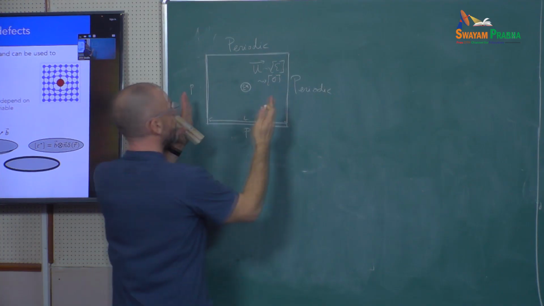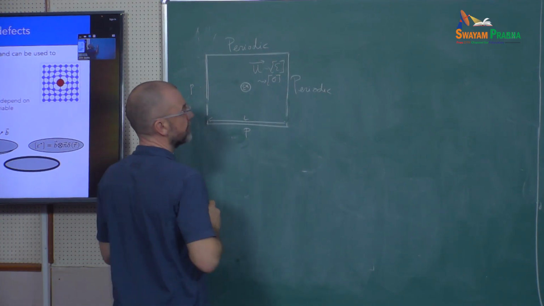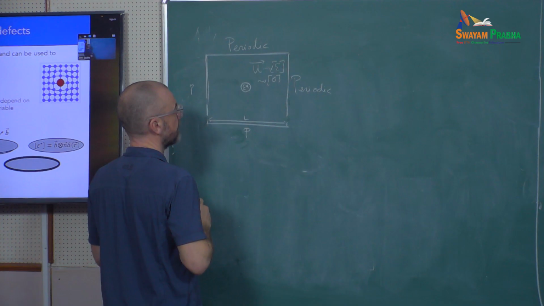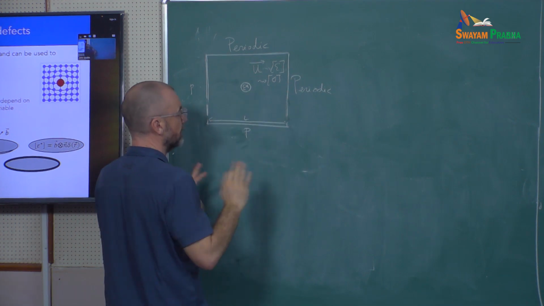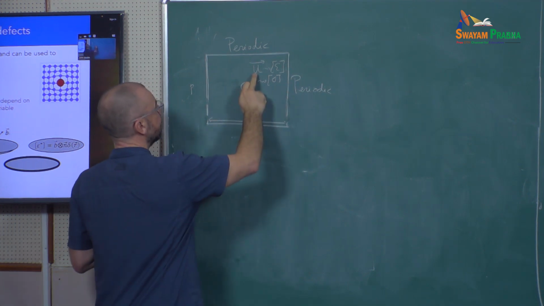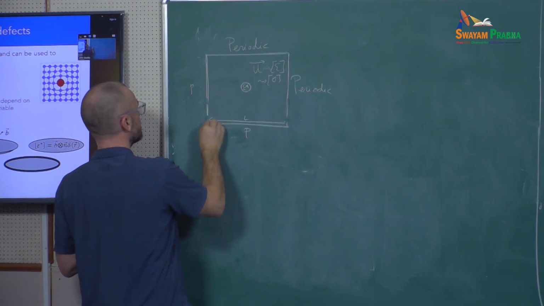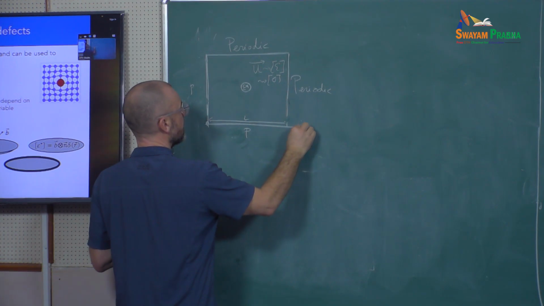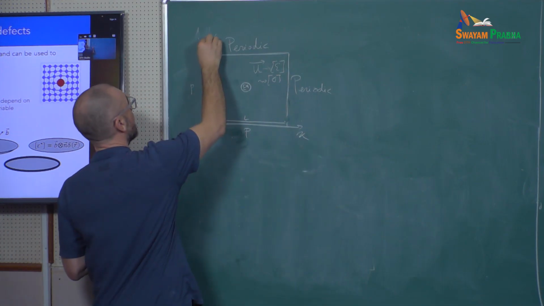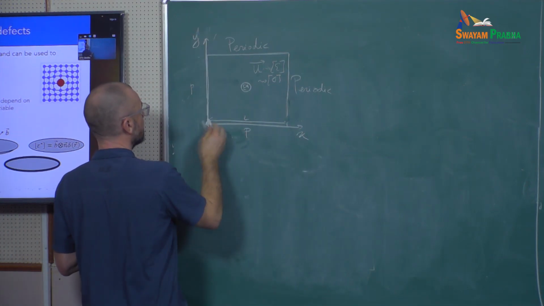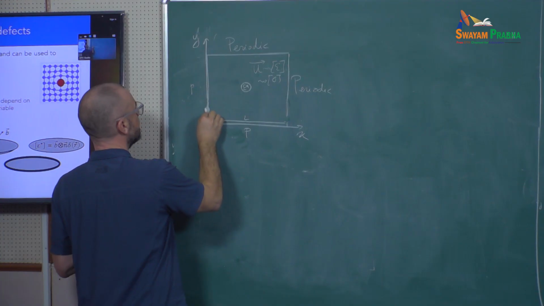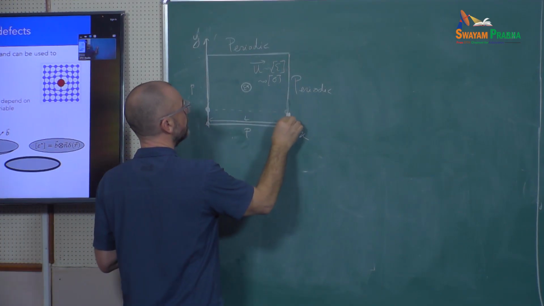If I use fixed boundary conditions, what does it mean? Okay, we can go step by step. If I look at the displacement field, say this is the beginning of my axis. I have an axis x here, and an axis y here. I'm looking at the displacement here compared to there.